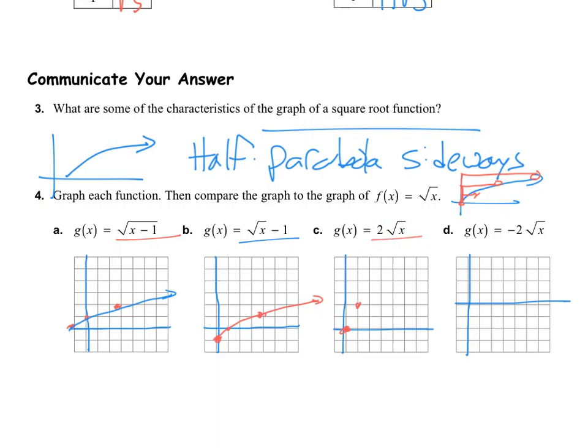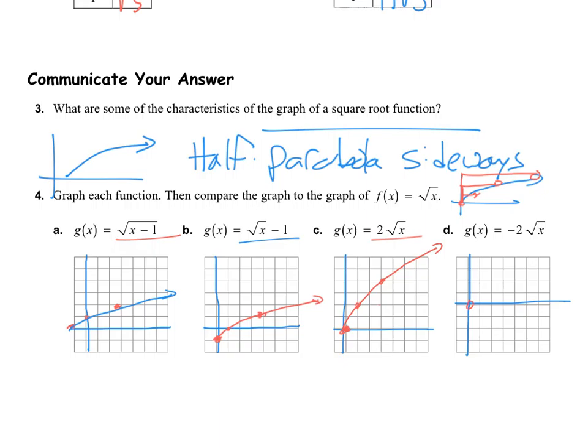So we go over 4 and up 2, but instead of being at 2, we're going to be up at twice as high. That's at 4. And when you plug in 9, you'd get the square root of 9, which is 3, times 2 is 6. So if you went all the way over to 9, we'd be up at 6. So it's going to be the same kind of curve, but it's going to be steeper.